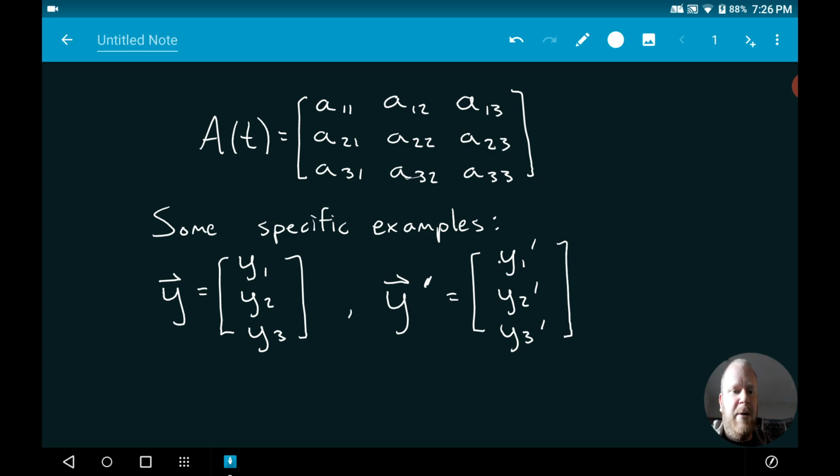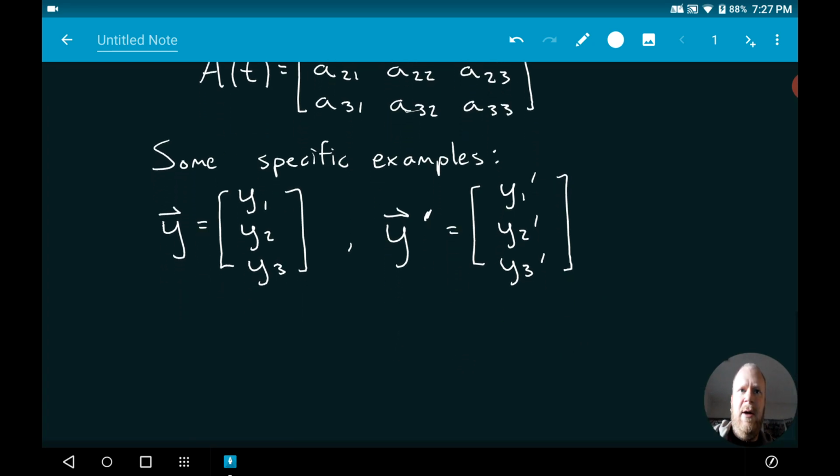So the elements for that are just going to be y1 prime, y2 prime, and y3 prime. I won't be telling you this. My expectation from now on in this class will be that anytime I say y or y prime, you'll be able to make these vectors there.